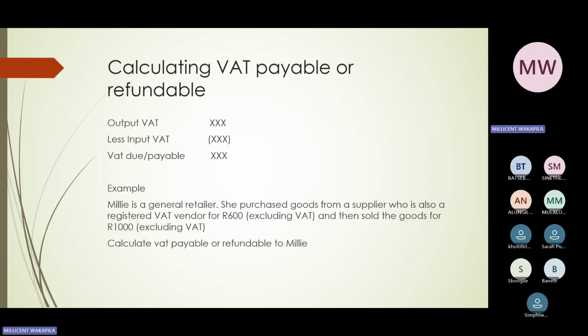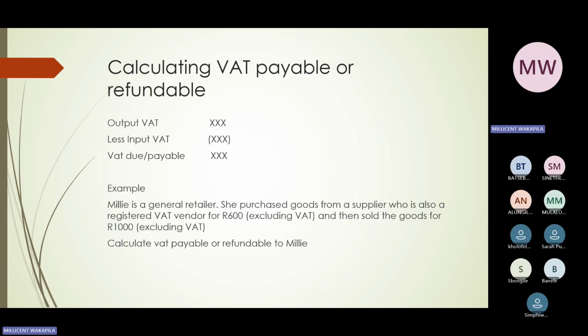So most probably I have to look out for the VAT input because the goods are coming to me, right? And then the goods from a supplier who is also a registered VAT vendor for 600 rand excluding VAT, right? And then sold the goods for 1 million rand excluding VAT. Now I'm selling the goods, right? I'm taking the products out of my business, right? The flow of goods in this case is out, right? So I will have to charge VAT output on whatever amount that I would have sold the goods for, right?